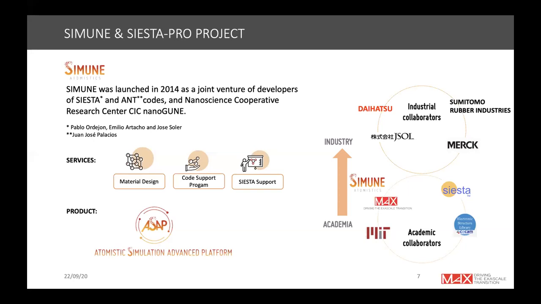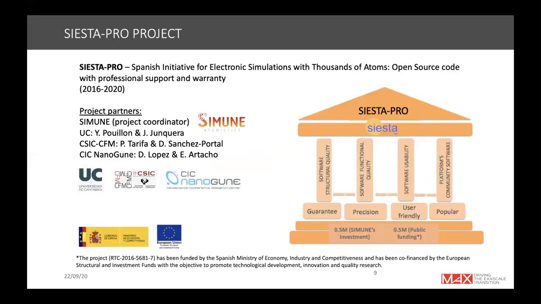In particular, today I want to tell you about a recent project, the Siesta Pro project. In this project, Simune invested 5 million euros, and the project was in collaboration with 3 partners from the Siesta community.